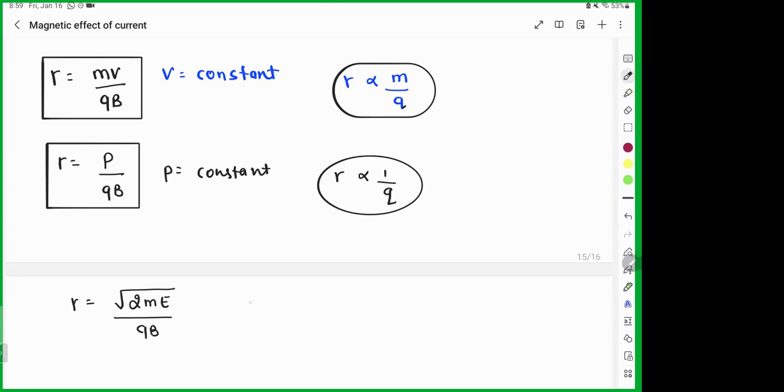Okay. If kinetic energy is constant, if E is same, kinetic energy is same, then can we say R will directly depend upon under root M and inversely depend upon charge. Any doubt? Anybody have doubt, guys? No, sir.